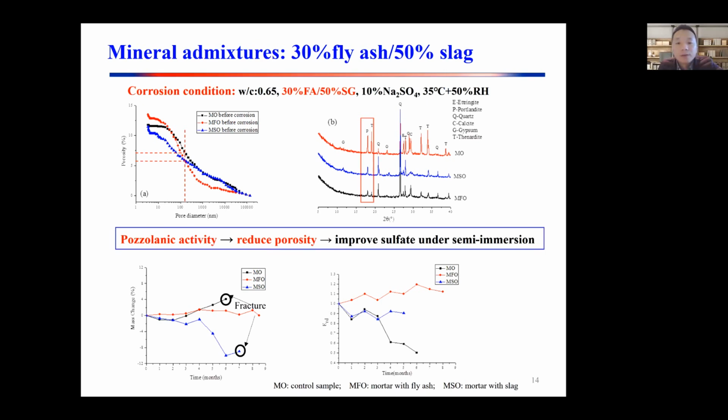This is due to the continuous pozzolanic reaction between fly ash and slag, which reduces the pore connectivity and harmful pores of mortar, and reduces the ion transportation caused by capillary absorption. So the addition of mineral admixtures is beneficial for improving the sulfate resistance under semi-immersion.